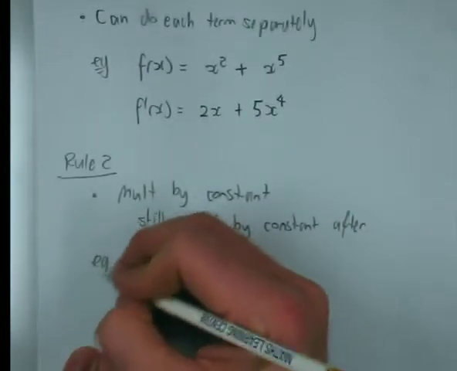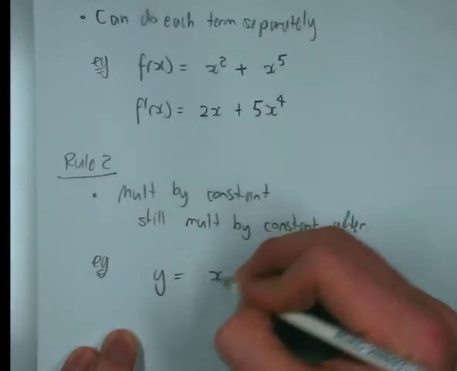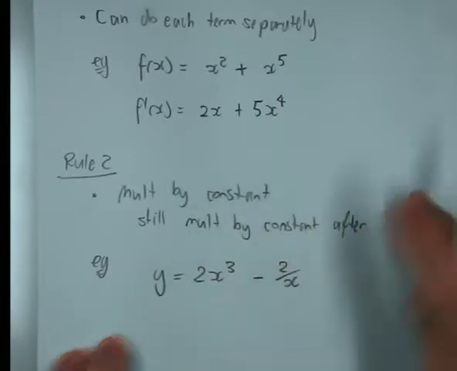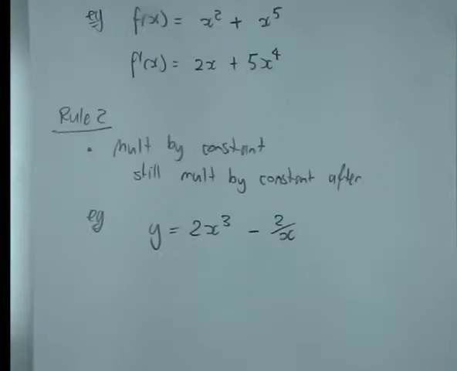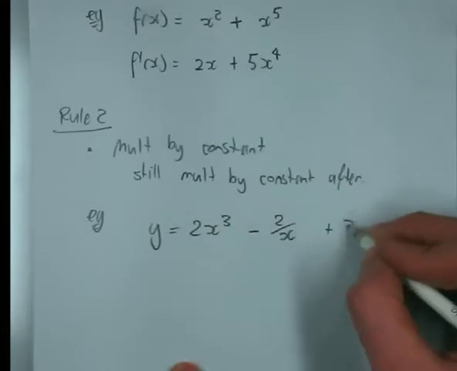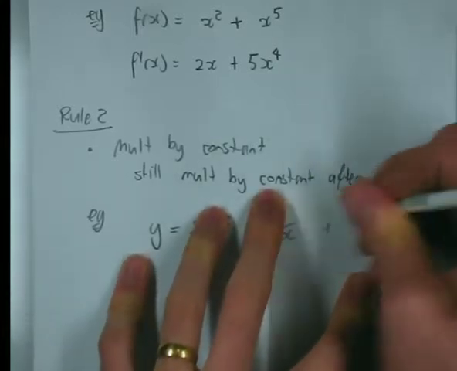It goes for dividing by a constant as well. That works too, multiplying or dividing by a constant. Let me do an example.